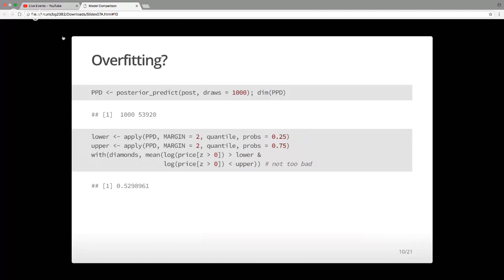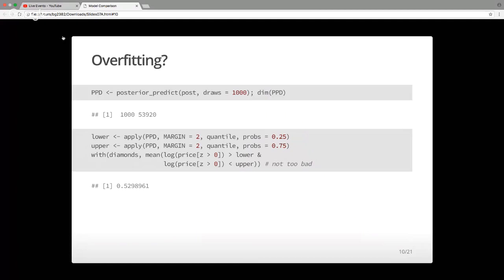Again, that is going to yield a matrix that is S by N. Some of you on the homework might have had to reduce the number of iterations or the number of observations just to make it fit into RAM. But in general, it's S by N. And we have 54,000 diamonds here, so that's why the posterior distribution is so concentrated.